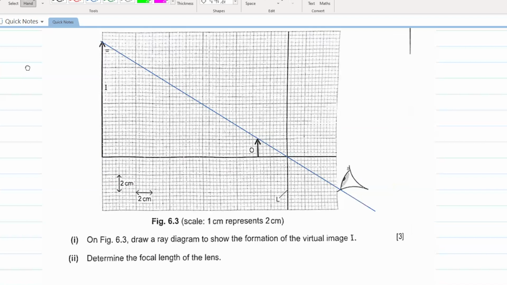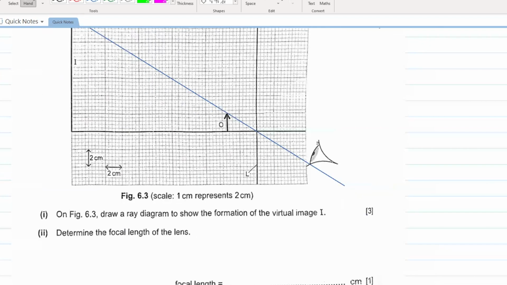Now this is a very good question. Whenever we are drawing ray diagrams, our second ray is parallel to the principal axis, something like this, and it passes through the focal point.